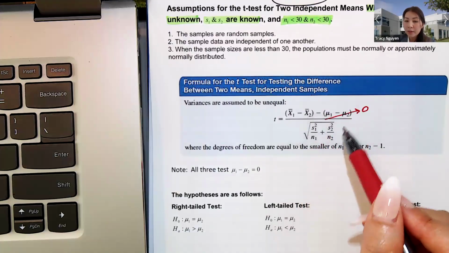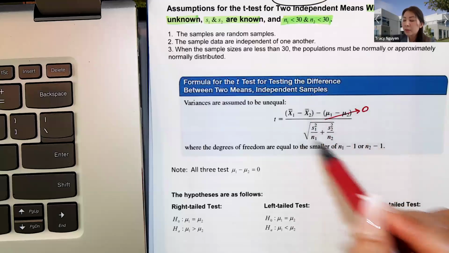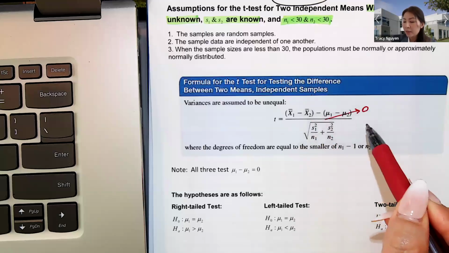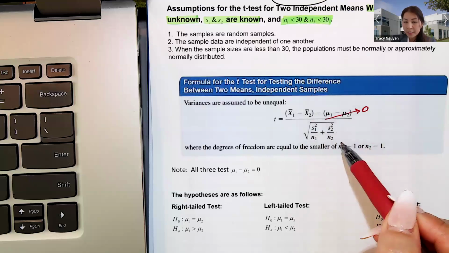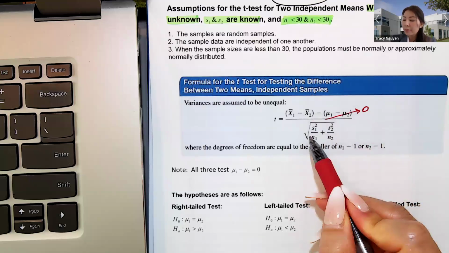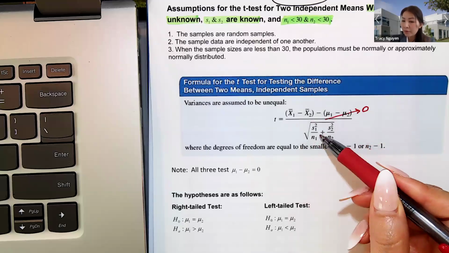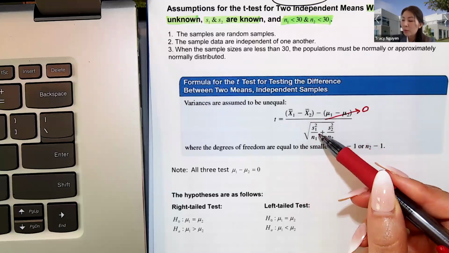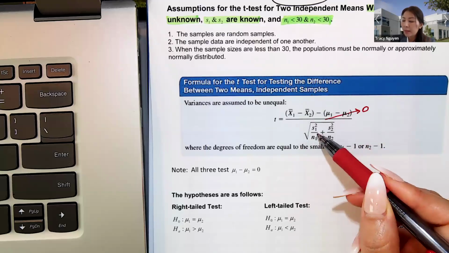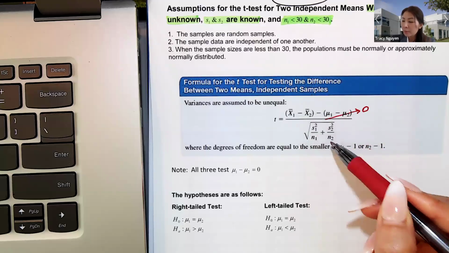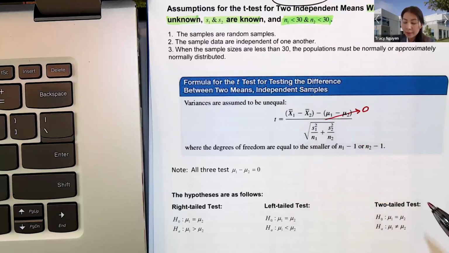We put it there for theoretical interest, that there's no difference in the population means, but it's not for computation. The denominator is s1 squared over n1, and notice again, as we pointed out in our previous lesson, only the standard deviations are squared, not the sample sizes. So s1 squared over n1 plus s2 squared over n2.